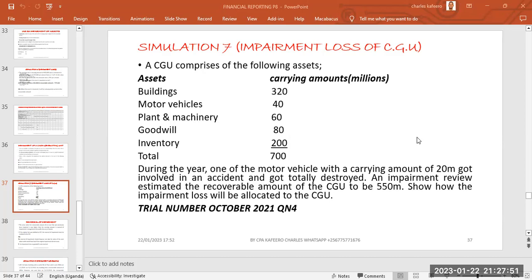You can't easily identify the cash flows that belong to that specific item.